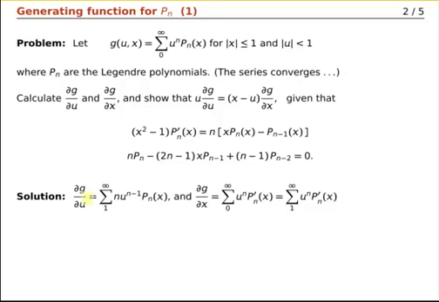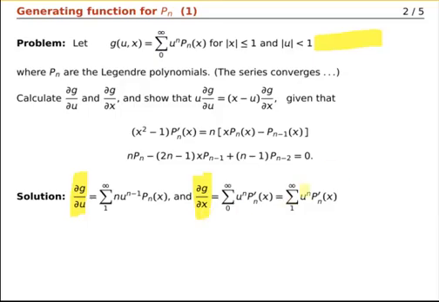Well, it's pretty obvious how we start solving this problem. It's easy enough to calculate dg by du working from our definition of g. dg by du is just the sum of n u to the n minus 1 times Pn of x, and the partial derivative with respect to x is just the sum of u to the n times the derivative of Pn.